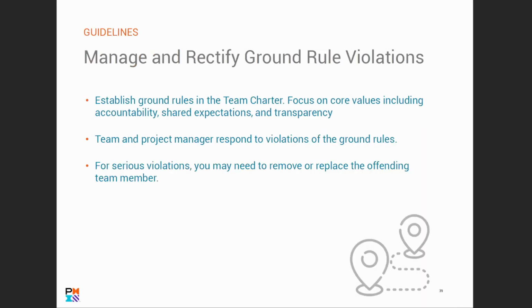And now that you have the ground rules set, you also need to set the ground rule violations. So basically, you need to establish ground rules in the team charter, focus on core values, including accountability, shared expectation, and transparency, and then the team and the project manager need to respond to the violations of the ground rules. And for serious violations, you may need to remove or replace the offending team member.